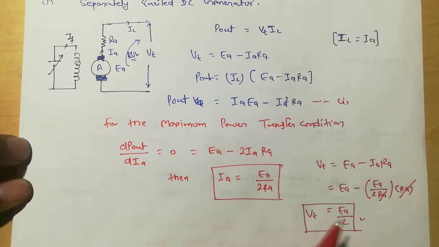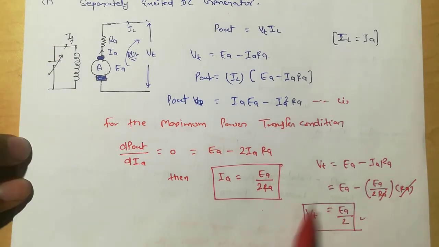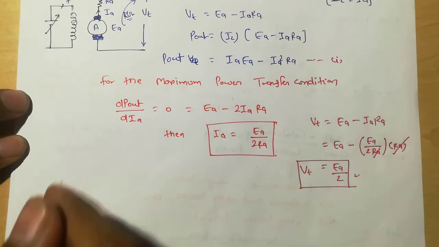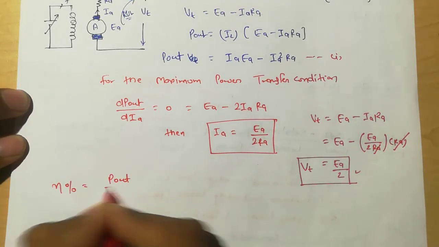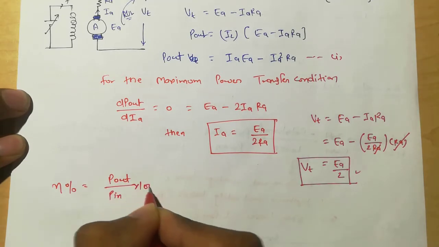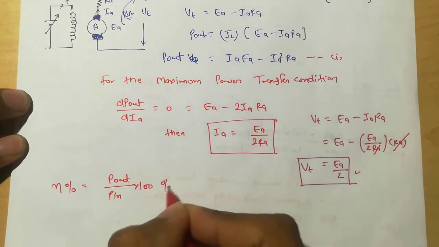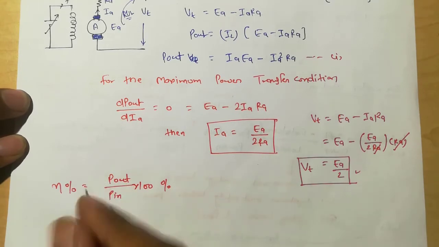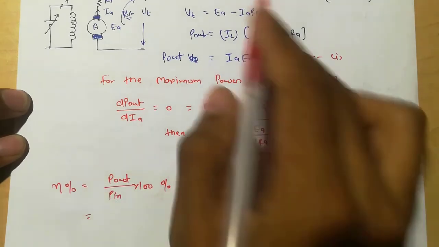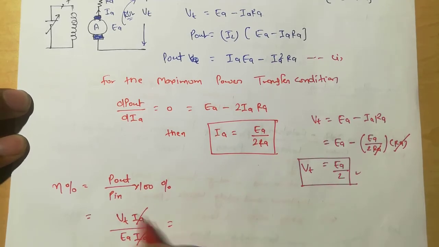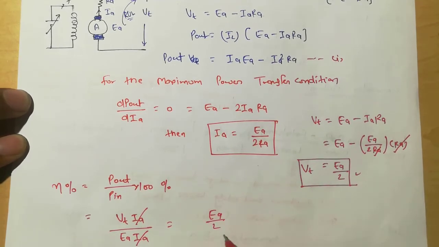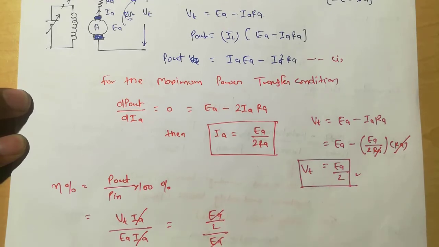Now check the efficiency of the machine at this condition. The percentage efficiency eta is equal to the output power upon the input power times 100. Here the output power is Vt IA, and the input power is EA IA. IA cancels out, then the value of Vt is EA by 2, and EA cancels out.